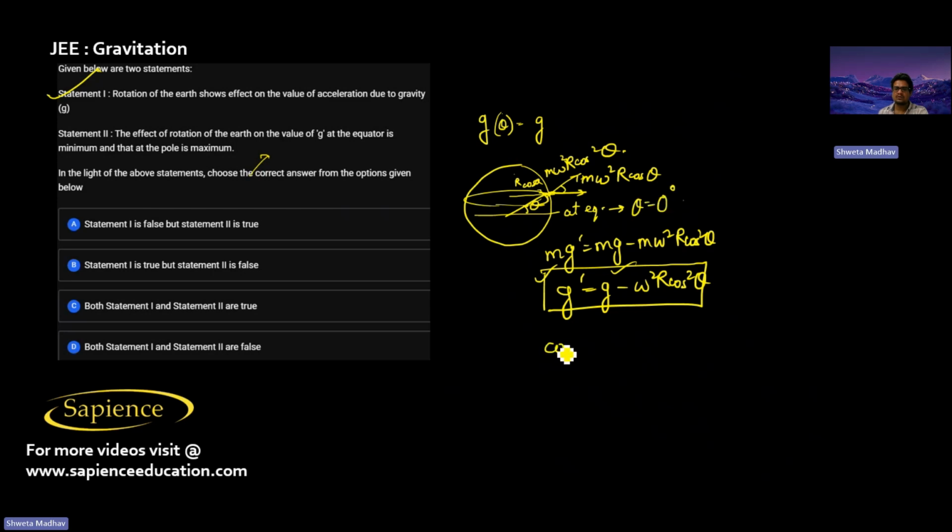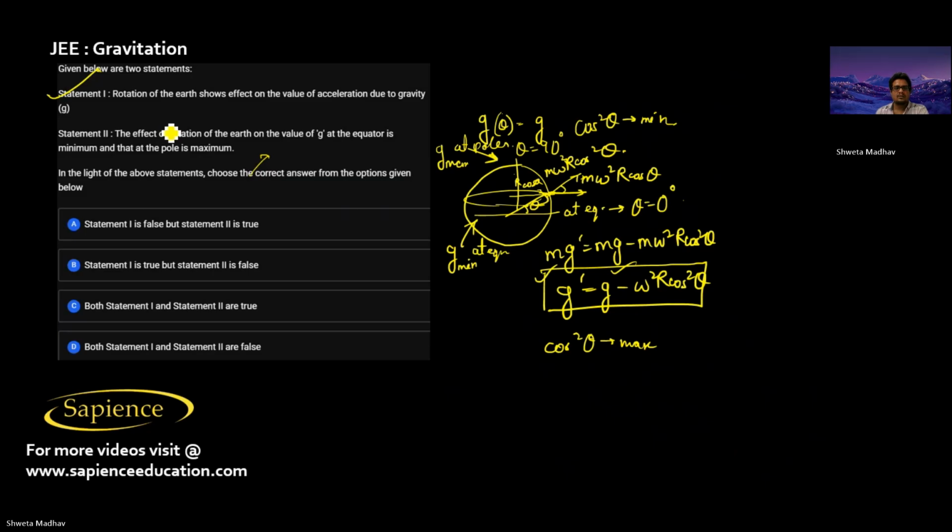So cos square theta is maximum here. So the value of G is minimum at the equator. And at the poles, the angle theta is 90 degrees. So cos square theta is minimum there. So the value of G is maximum at the poles. But at the equator, it is minimum. At the pole, it is maximum.